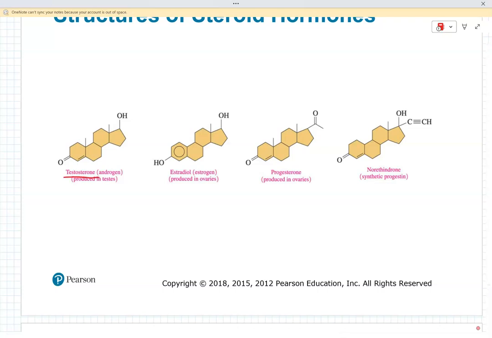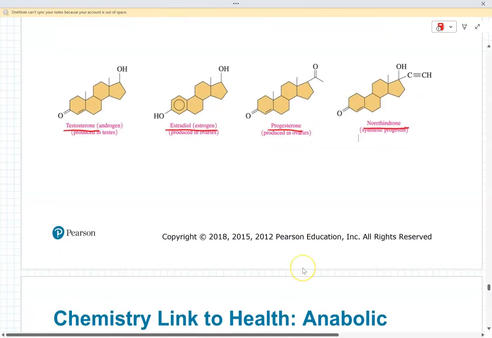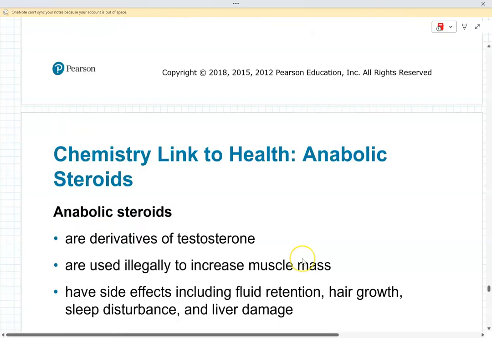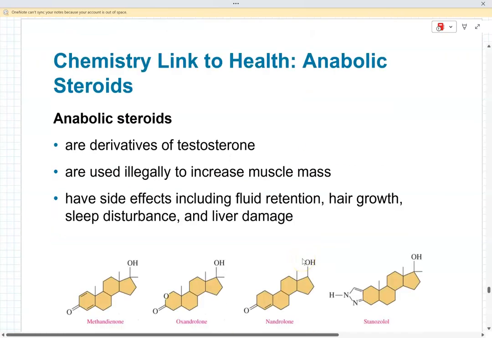So testosterone is produced in testes, estrogen is produced in ovaries, just like progesterone. Okay? And then this, norethindrone, is a synthetic progestin, an oral contraceptive. Okay? But this is the interesting part.